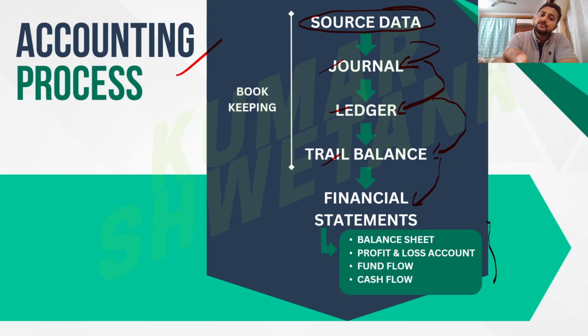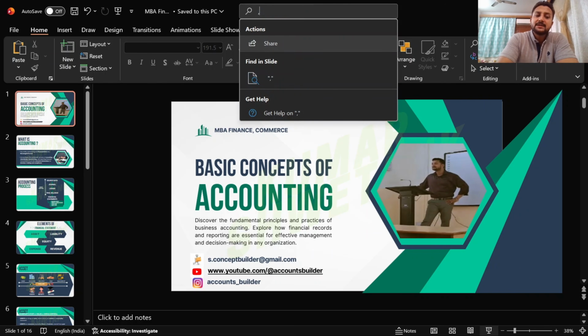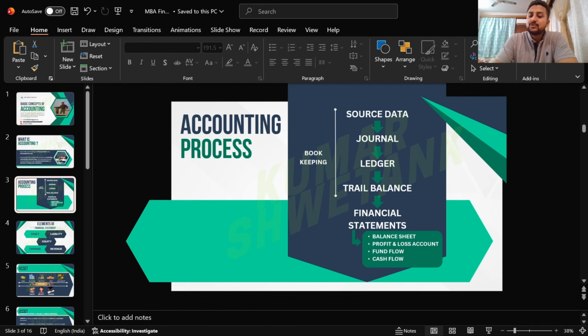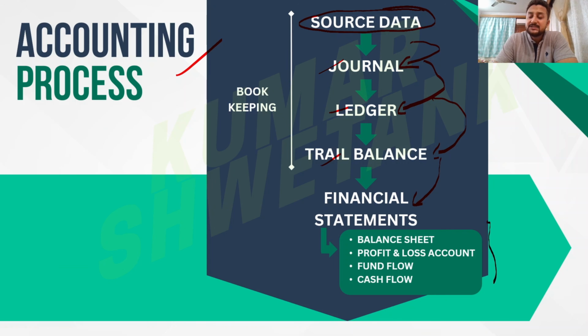We are going to learn about all these things in detail in future. But for now, we should know that journals, ledgers, and trial balance come under bookkeeping, and from there we generate our financial statements.